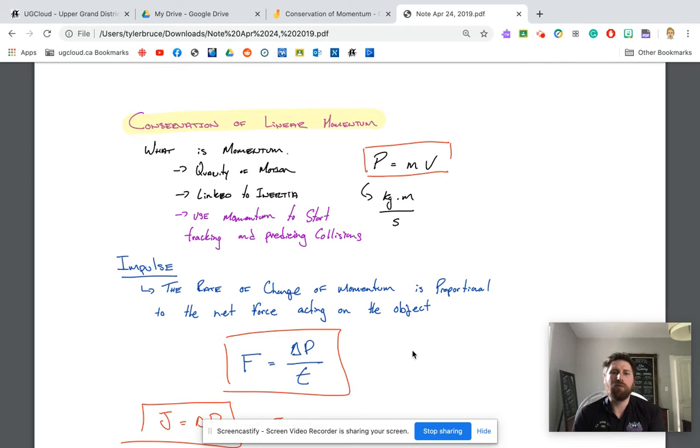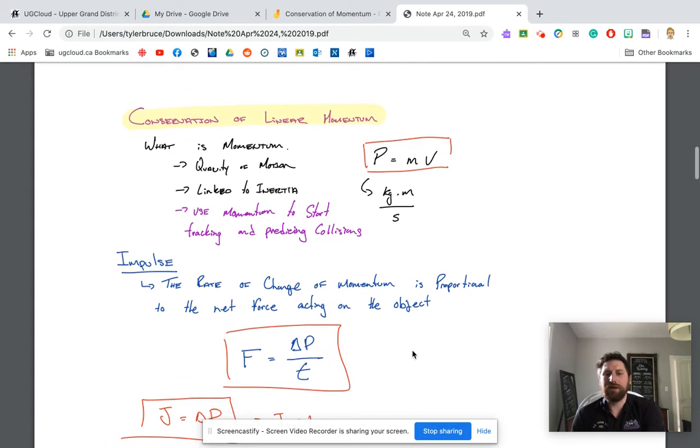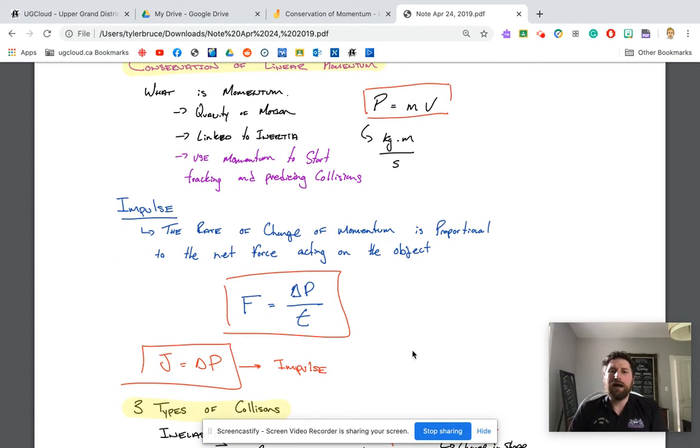So basically, all we want to do is that impulse, the force put on an object, is equal to its change in momentum over time. And this is where we get to talk about how crumple zones in cars are able to take the energy from a crash, and as the crumple zone increases, the time of that collision is also increasing.